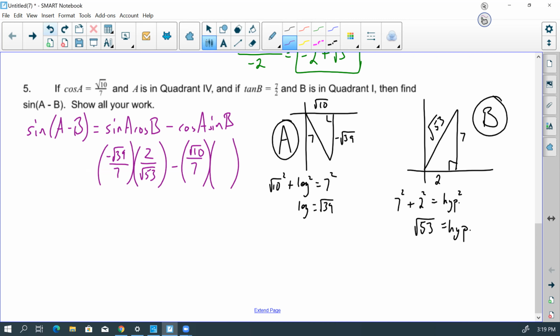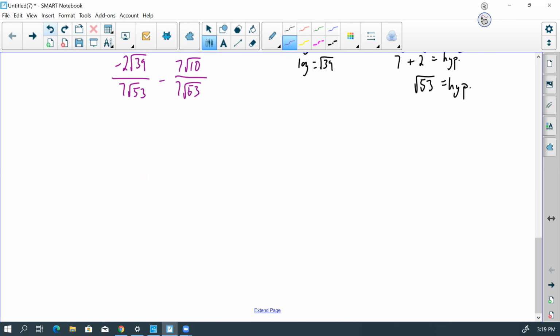The sine of B is positive 7 over rad 53. And then I simplify it. The numerator is negative 2 rad 39 over 7 rad 53 minus 7 rad 10 over 7 rad 53. I've got 2 fractions that have the same denominator, so they can combine into 1 fraction.